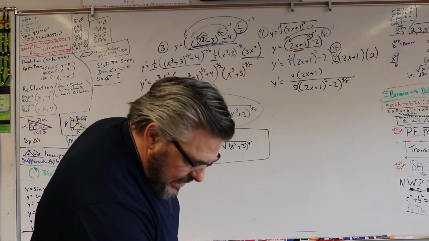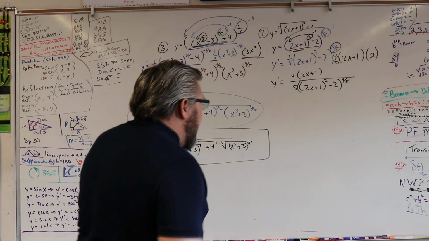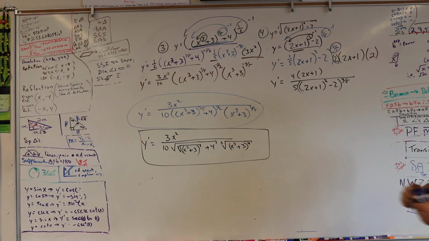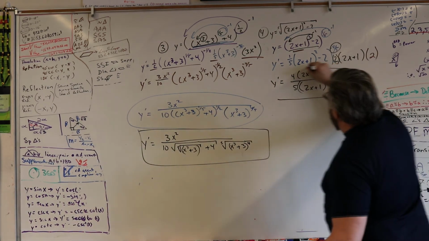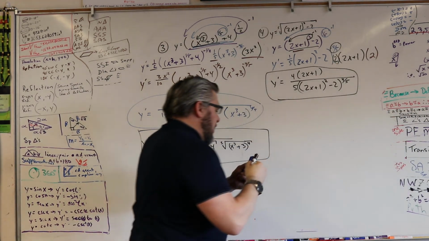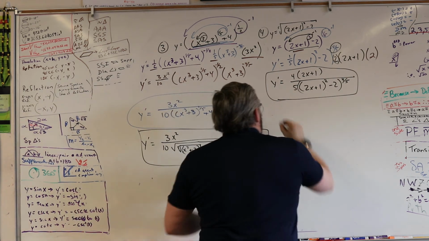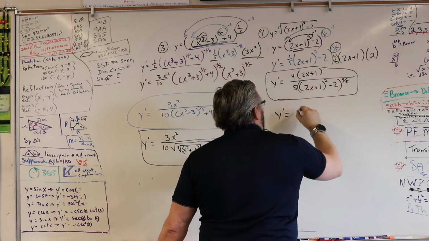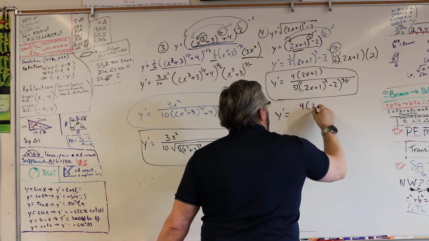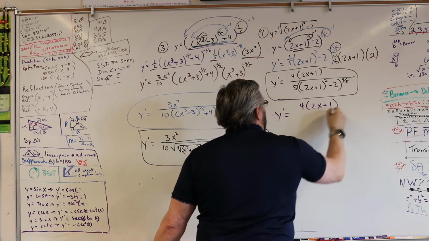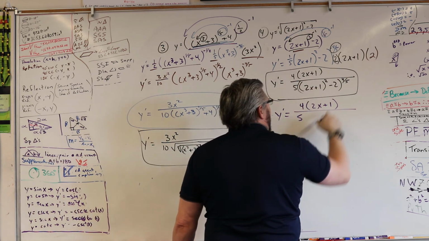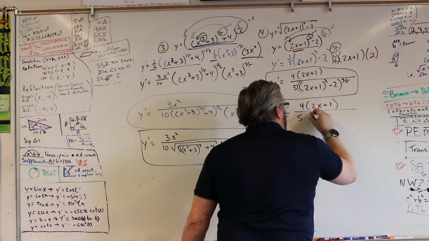And that is correct. Now, if I were to write this in radical form again, okay, in radical form, then I'm going to take this guy, right? So the top stays the same, 2x plus 1 over, and then we have the 5 out there, but then we have the 5th root.